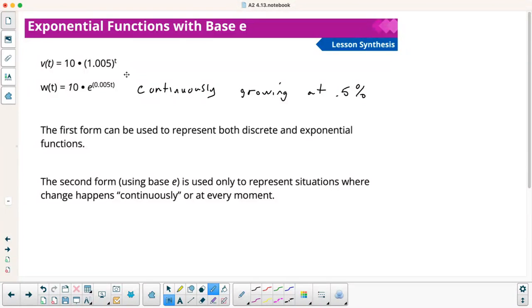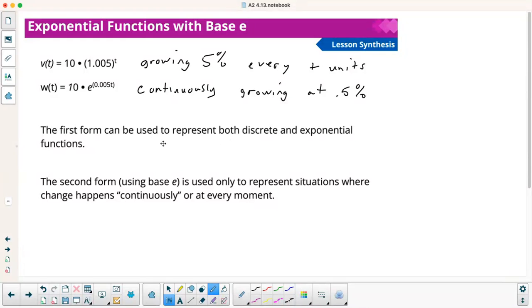If it's every year, it's growing 0.5% at the end of every year. If it's every month, then it's 0.5% at the end of every month. And this one is growing 5% every t units, I guess units of time.